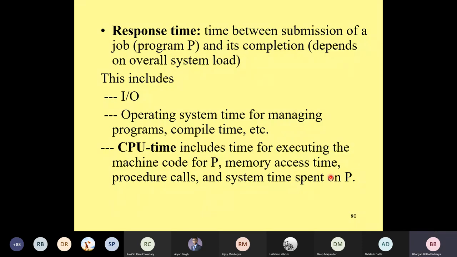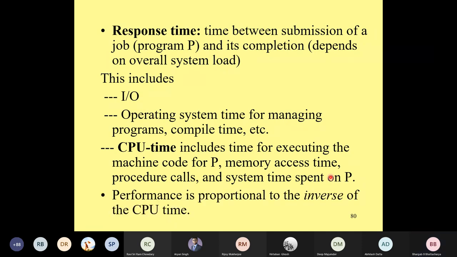So we are concerned now. We will try to find out: can you write down a formula or an equation that would express CPU time in terms of some fundamental things? Response time is CPU time plus some additional time needed by the operating system, input, output, and so on. In CPU time, we do not include that.